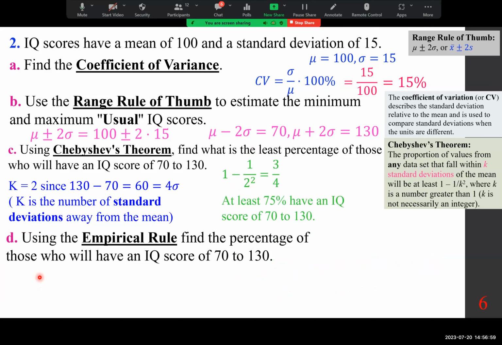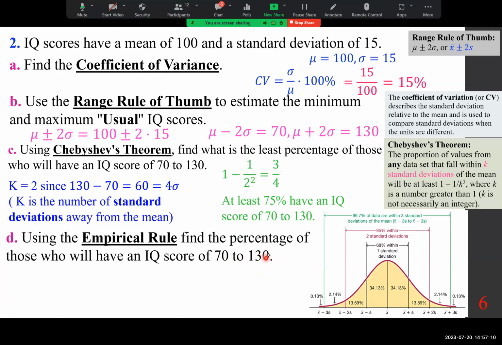Okay. So from 70 to 130, we know that K is 2. Now for the empirical rule, I'm going to remind you about it.